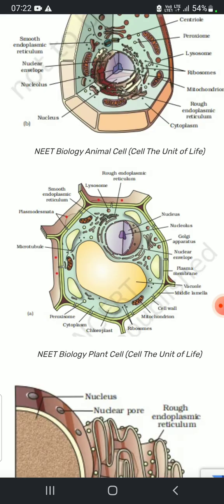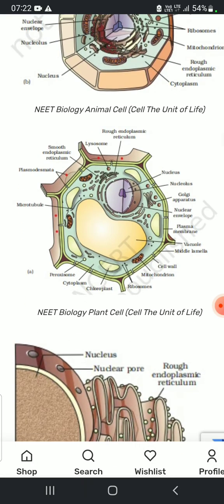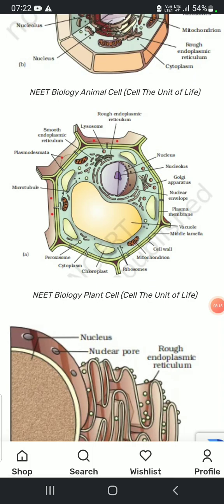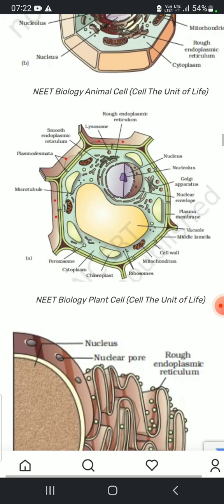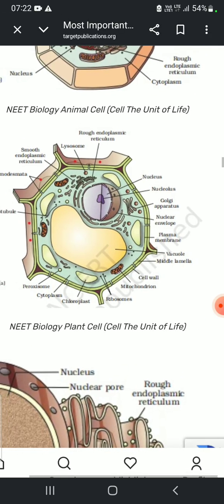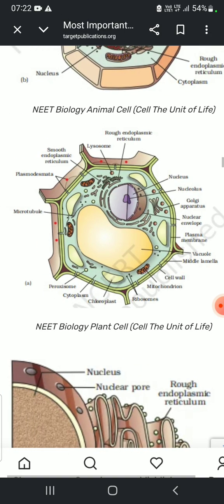Next, we have plant cell. So we can see the chloroplast is seen. The centrally placed big vacuole is seen. Then we have middle lamella. Then cell wall. And then chloroplast can be seen. In the cytoplasm we have the round shaped peroxisomes, microtubules.